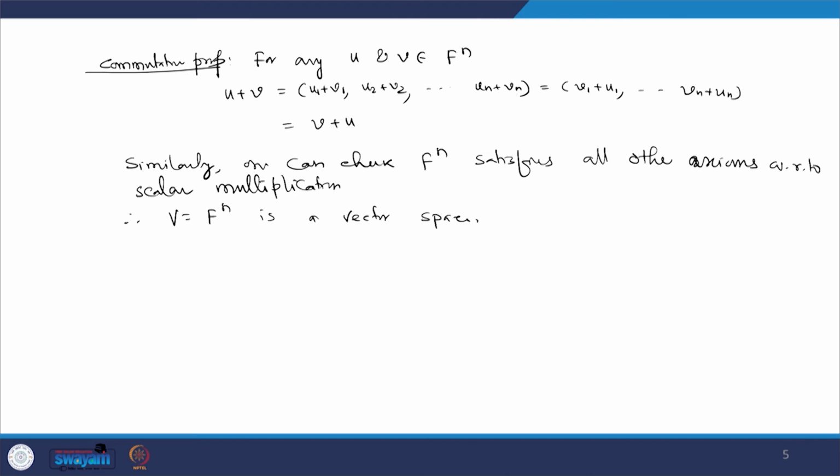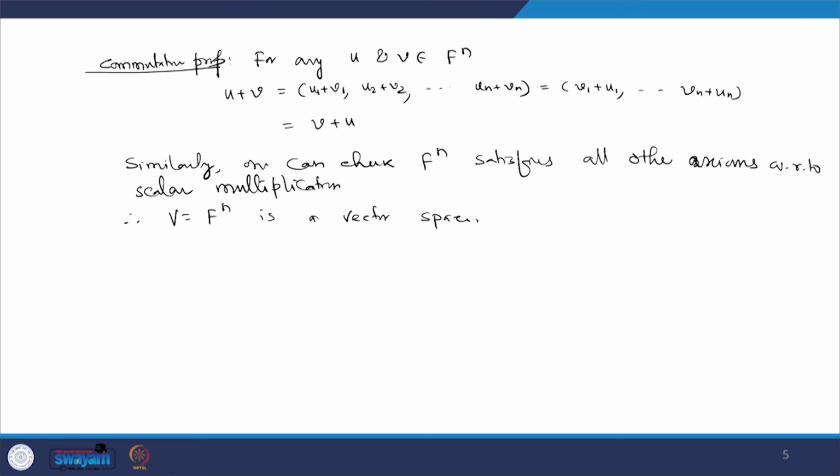That is my set of vectors is the complex numbers and the set of scalars is the field of real numbers. Now, question is whether the set of complex numbers over the set of real numbers will be a vector space? Answer is yes. We can quickly check it satisfies all the axioms of the definition of the vector space.